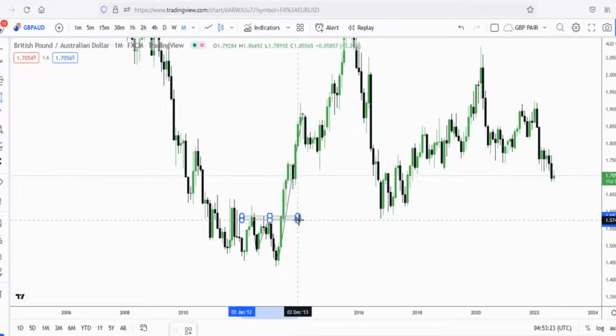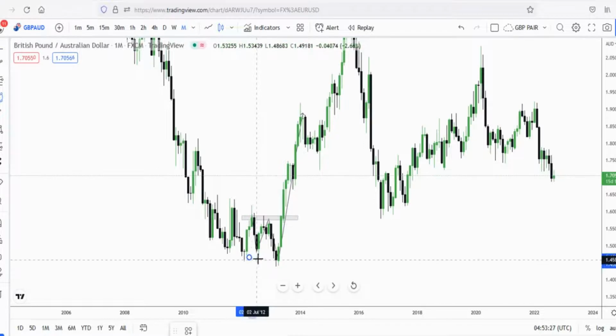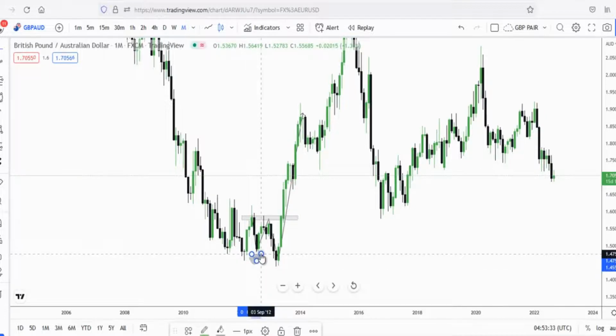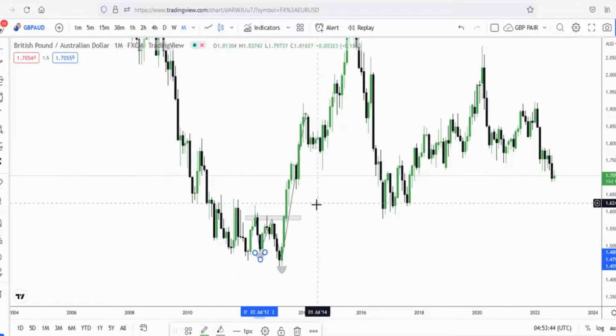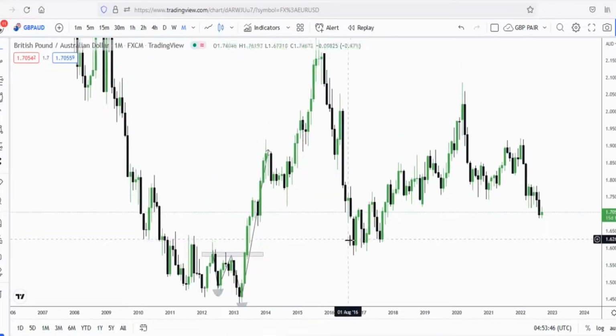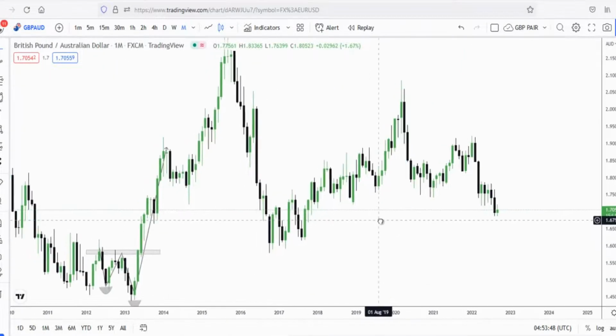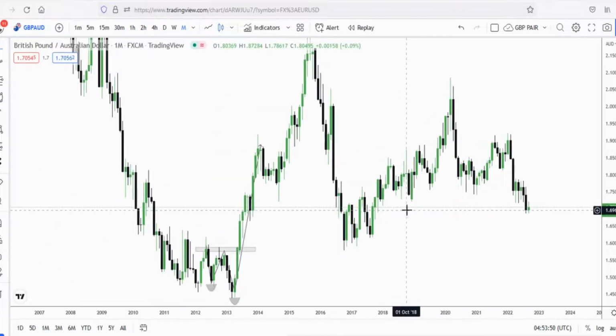We have a neckline here, and then this lower touch, kind of a double bottom. So price did this, and then this one. There may be more here, but just take your time and look at the charts.